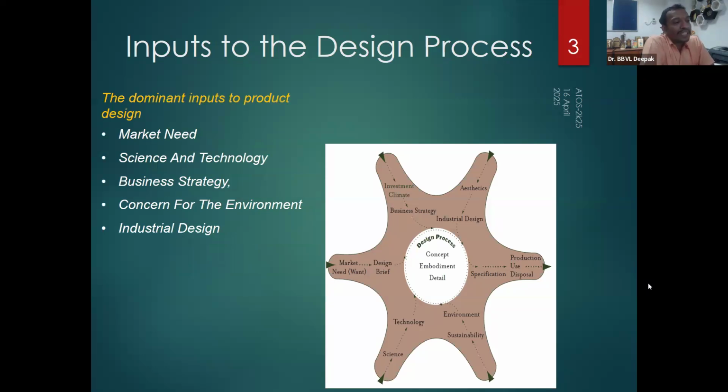The product is needed by the society or market, but how can science and technology come up with that product development, product design and development, and what are the various business strategies for the developed product, and in which kind of environment should the product be.